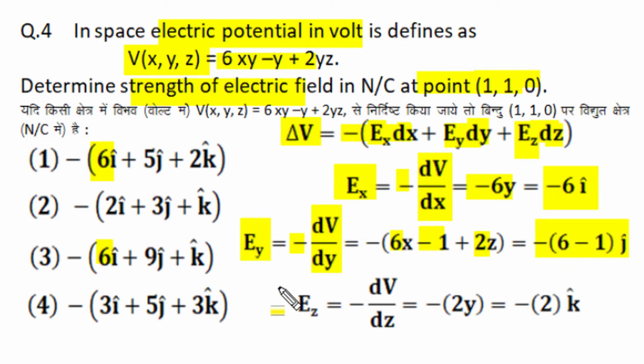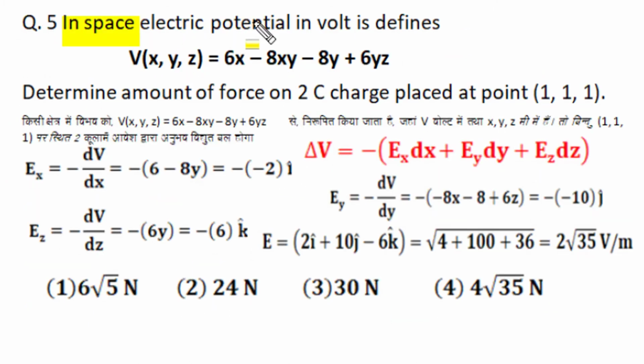Similarly, when the potential is partially differentiated with respect to z, keeping x and y constant, this becomes 2y, and with observation point coordinate y equal to 1, this is minus 2k. So my electric field is minus 6i minus 5j minus 2k. This first option becomes the right choice.